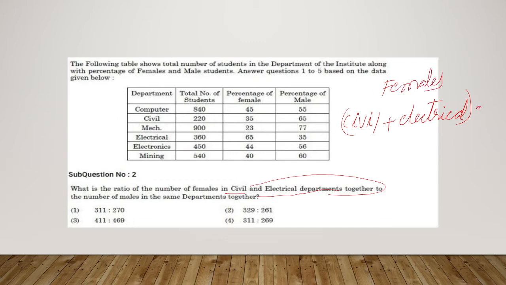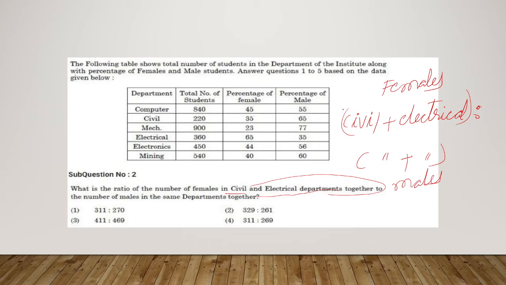First of all, the ratio of the number of females to the number of males in the same departments. We have to find the males, add them, and do the ratio.